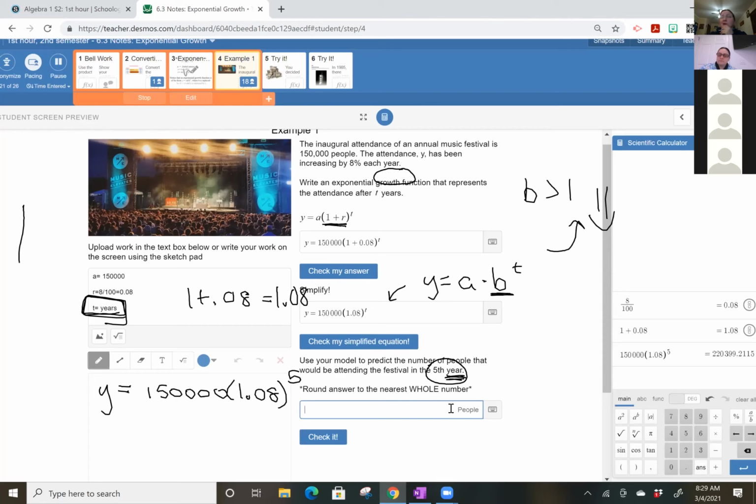No. Still a whole person. All right, so we have 220,399. So in 5 years, they're predicting 220,399 people.